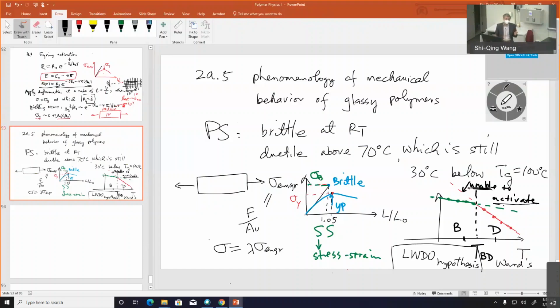Of course, I'm not in agreement with it. And whether a polymer is brittle or ductile just depends on this competition, which one wins. And you ask God, and God tells you the one that gives you lower stress wins.